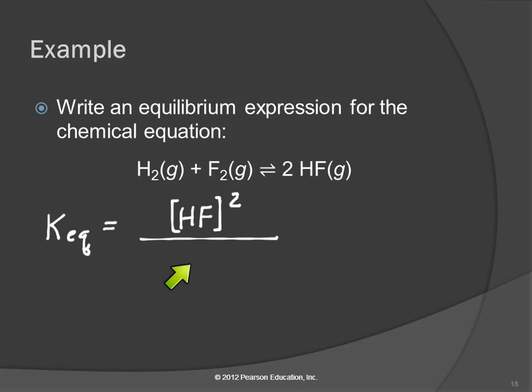And then down here in the bottom, we're going to take the concentration of each of the reactants. So H2 in brackets and F2 in brackets. And then we look at their coefficients. What are their coefficients? Unwritten ones. So we'll use exponents of unwritten 1.